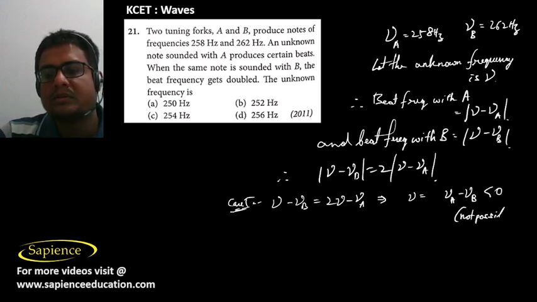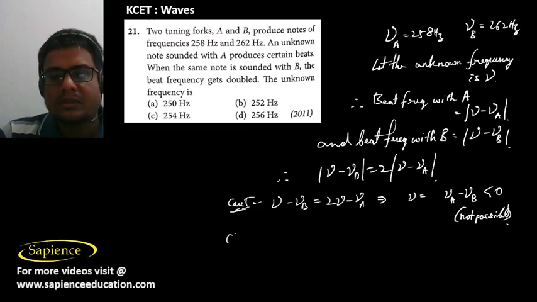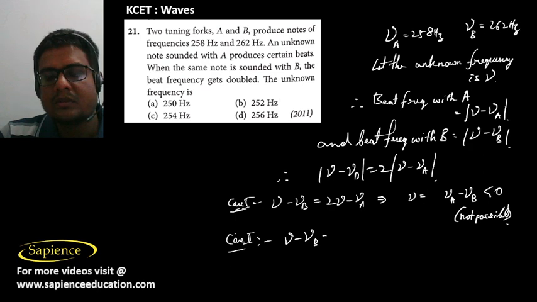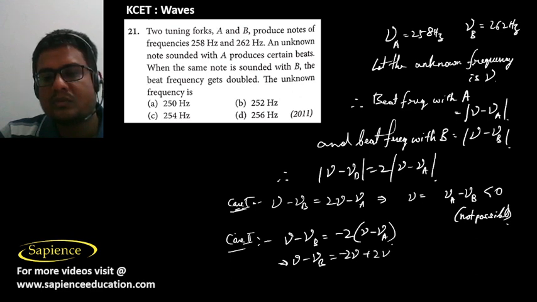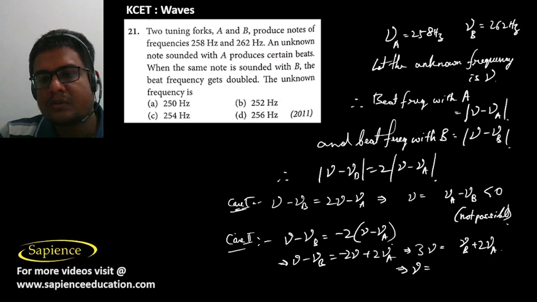So in case 2 we should take nu minus nu B equal to minus 2 into nu minus nu A. Therefore nu minus nu B is equal to minus 2 nu plus 2 nu A. So 3 nu is equal to nu B plus 2 nu A. So the unknown frequency is nu B plus 2 nu A divided by 3.